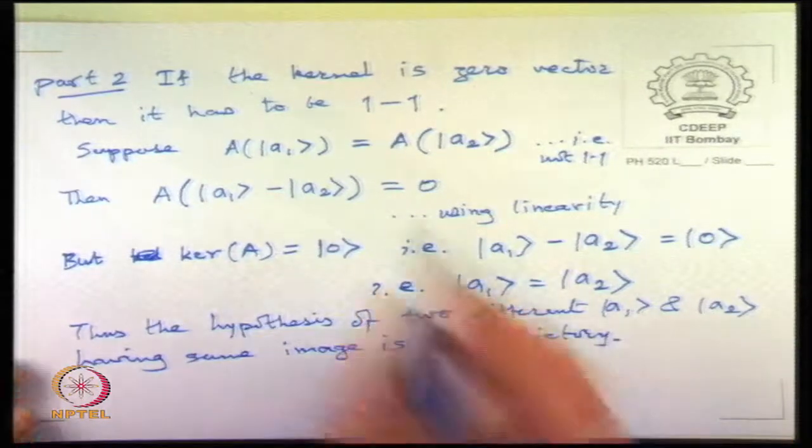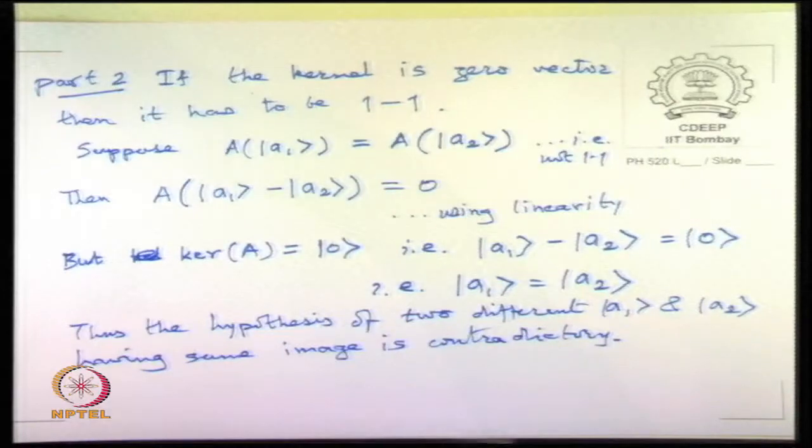So, if the kernel is 0, then the map has to be 1 to 1. Okay. So, this we will use in an important way in proving Schur's lemma next time, that a transformation is 1 to 1 or injective if and only if its kernel is 0.